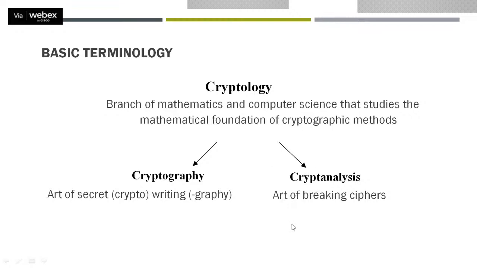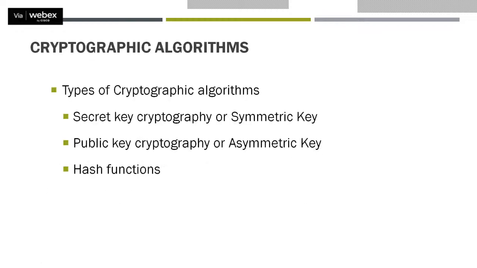We have the ciphertext, a symbolic text, and from that symbolic text we have to recover the plain text. That is called cryptanalysis. Cryptography and cryptanalysis combined come under the area of cryptology, which talks about both aspects.